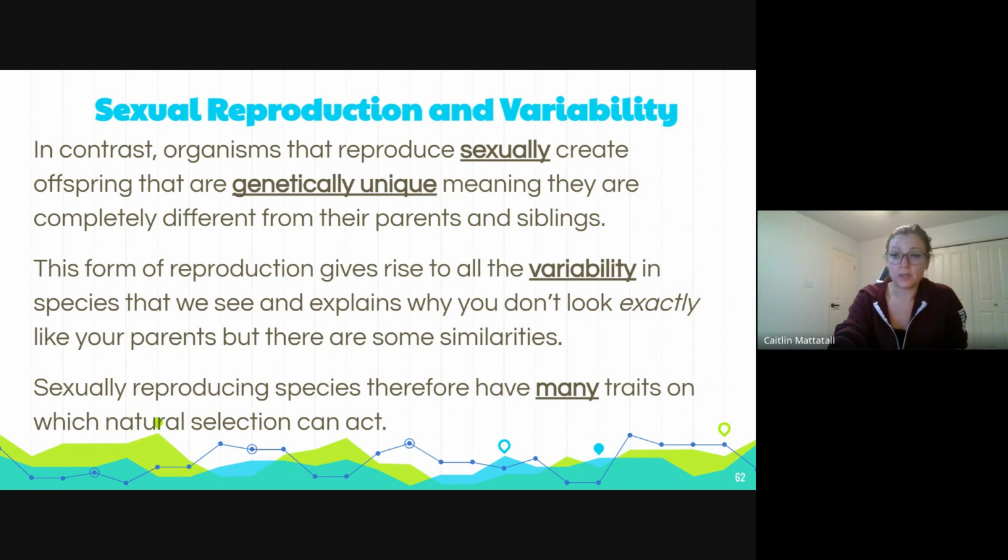This reproduction is what, again, gives us some variability in our populations. This is why you don't look exactly the same as the people in the classroom. It's also why you don't look exactly like your parents or exactly like your siblings, but you have a lot of similarities to them. Okay? We have a lot of traits that natural selection can act on, so there's a lot of changes that can occur in our populations.